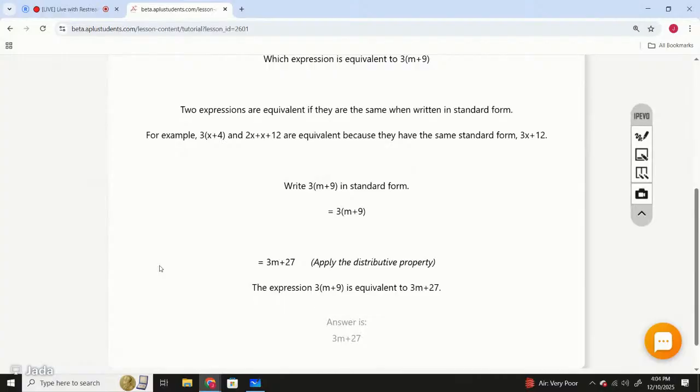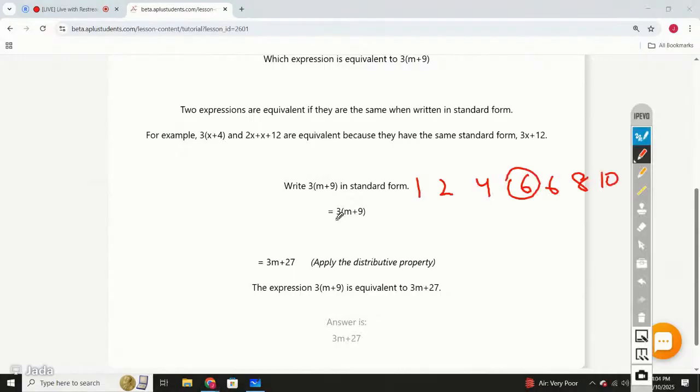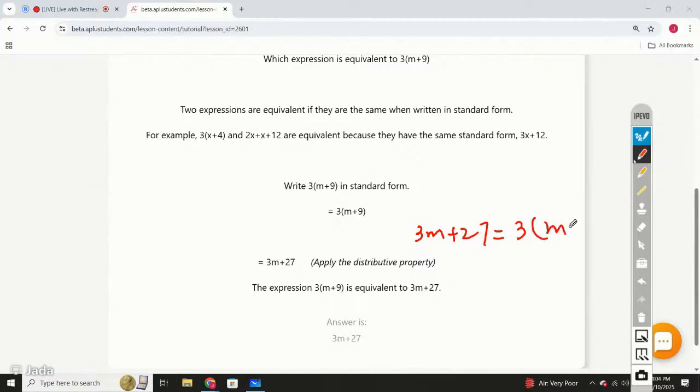We have to do 3 times m plus 3 times 9. So that is 3m plus 27. So 3m plus 27 is equal to 3 times m plus 9. Got it?